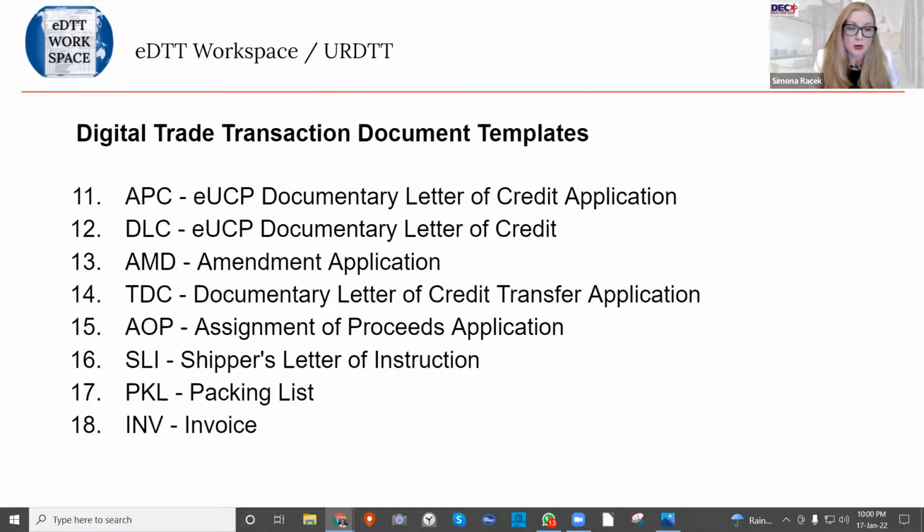The workspace also includes templates for the EUCP documentary letter of credit application, the EUCP documentary letter of credit template, amendment application if needed, shipper letter of instruction, packing list, invoice.